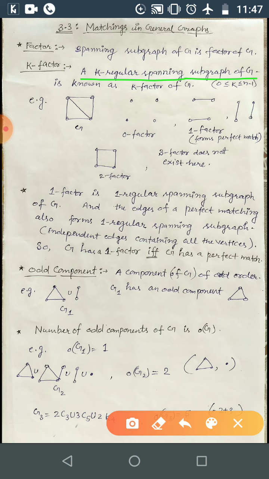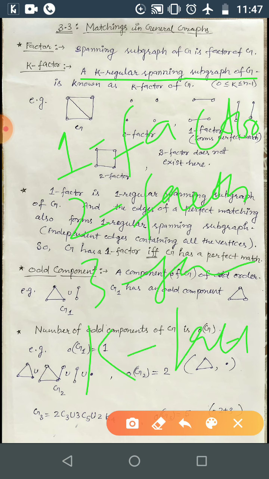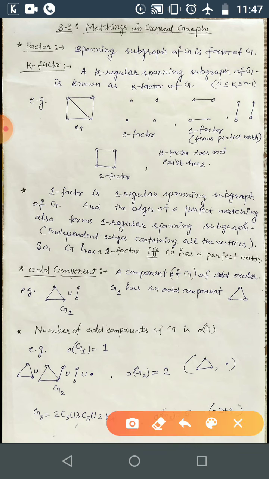Here for example, we can have 1 factor, K is equal to 1, 2 factor, K is equal to 2, 3 factor, K is equal to 3, and so on. Likewise, in general, K factor is the K regular spanning subgraph of G. So 1 factor will be a 1 regular spanning subgraph of G, 2 factor will be a 2 regular spanning subgraph of G, 3 factor will be a 3 regular spanning subgraph of G.